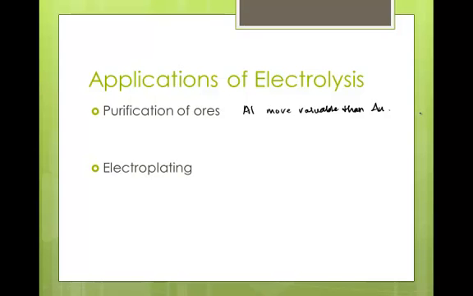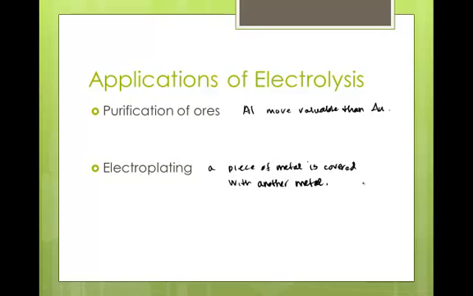Another example is electroplating. Here, a piece of, let's say, metal is covered with another metal. So if you have any cheap jewelry, costume jewelry, or you take a walk through Claire's, for example, and you see some very inexpensive earrings or bracelets or necklaces, most of the time those materials have been electroplated.